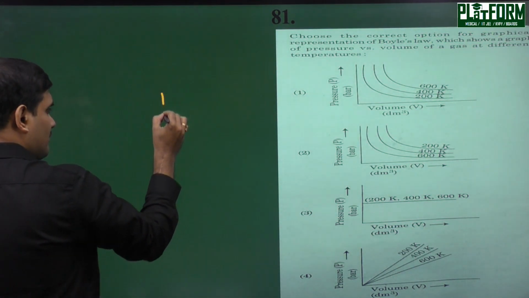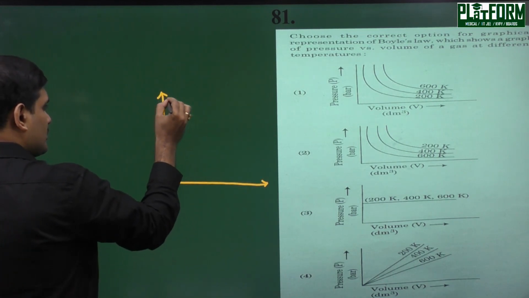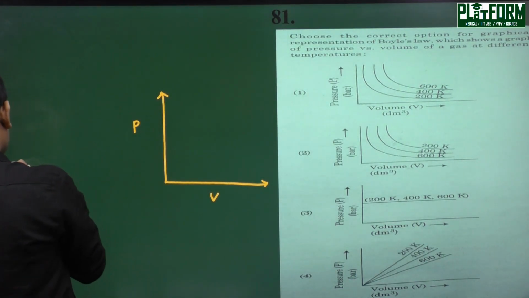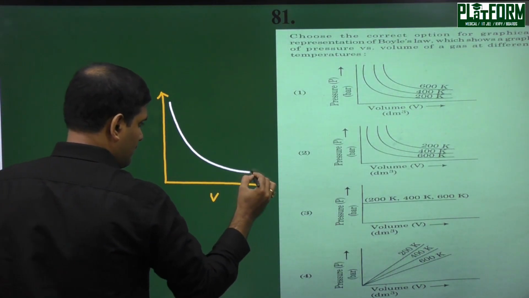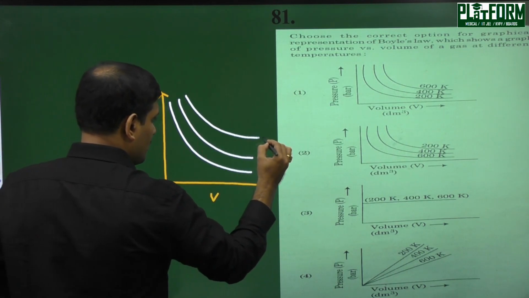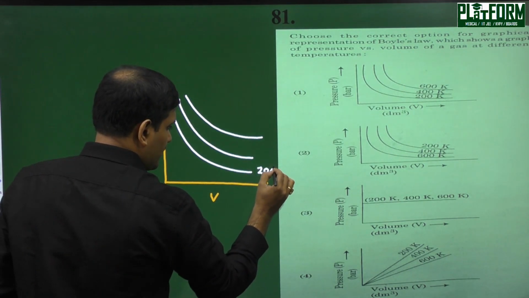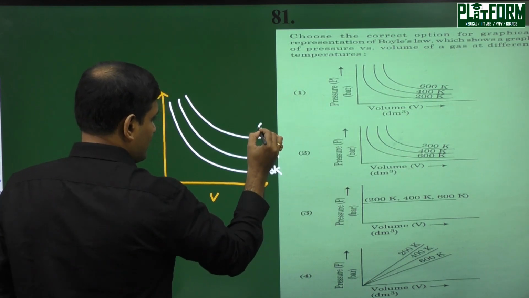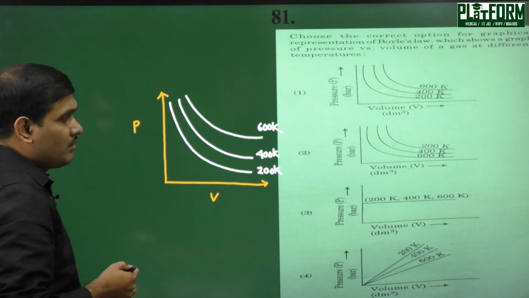I would say it is one of the simplest questions. If we draw pressure versus V, keeping temperature and mass of the gas constant, we will get a rectangular hyperbolic graph. If we increase temperature, it will be shifted forward. So the lowest temperature is 200 Kelvin, then 400 Kelvin, and 600 Kelvin according to the given options.